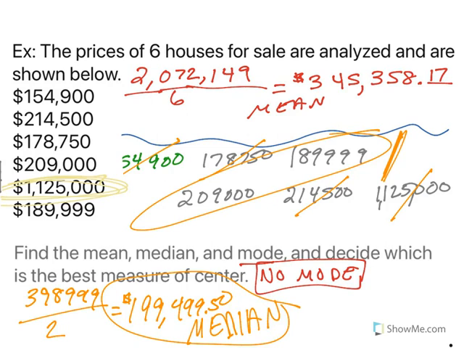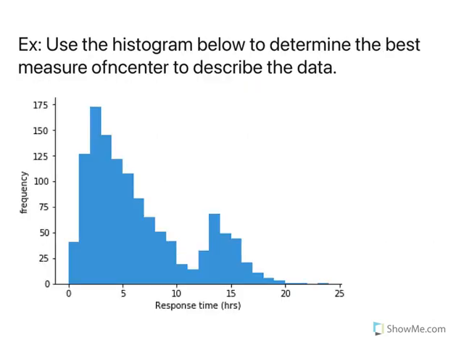So it doesn't make sense to have an average house price of $345,000. There's only one house that's more expensive than that. But the median of $199,000 is right in the middle of 5 of them. So in this case, the median is the best measure of center. Now that's if you're given a data set.